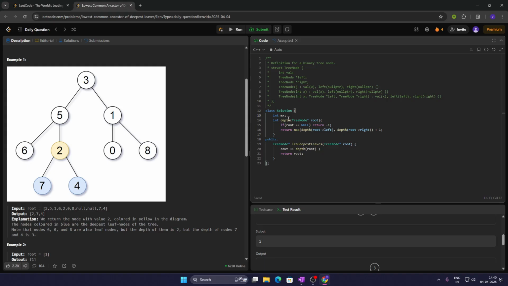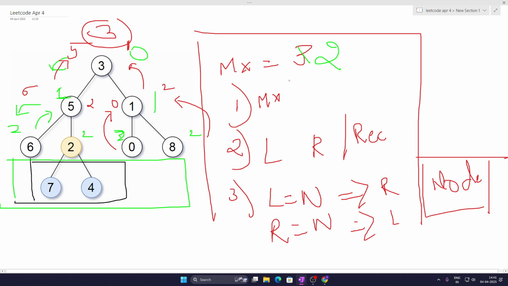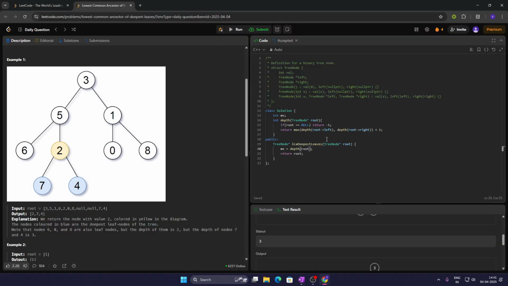Like in mx, I will declare one global variable and I will update mx equal to depth. Here I completed this one. So this one is completed. This one also completed. And I have to check for the left value.